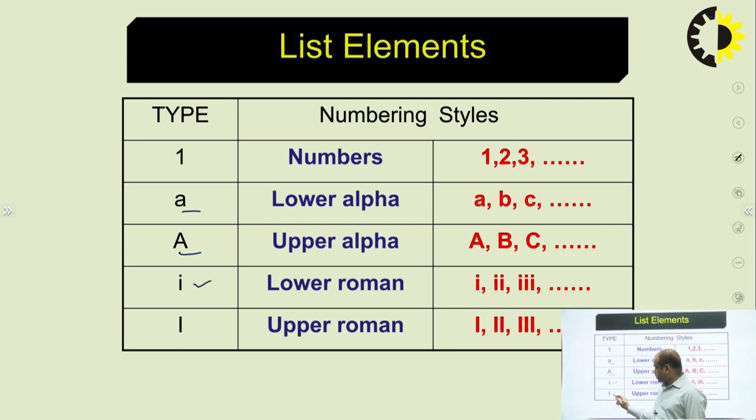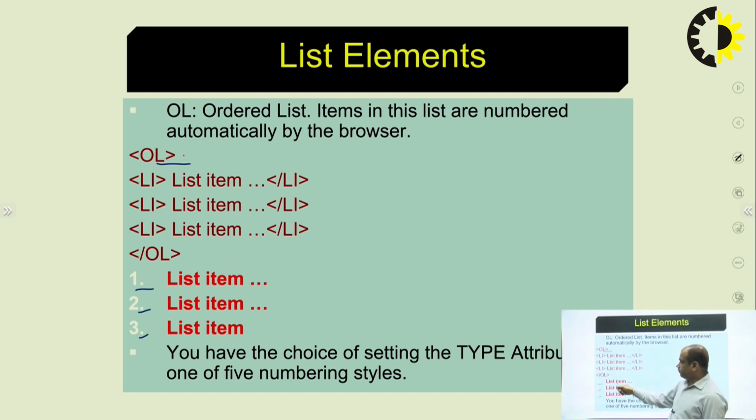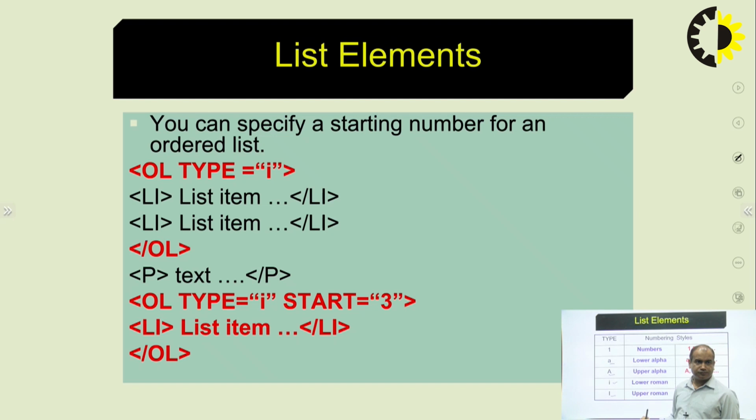If I wish my list to start with capital Roman, I will give type as capital I. In the example, the default marker is numeric values.